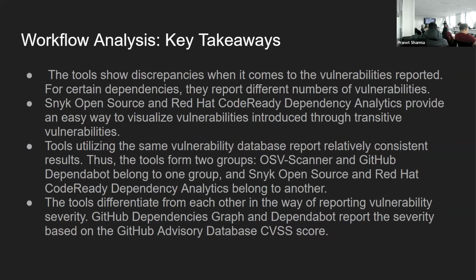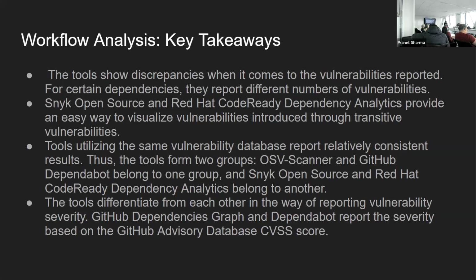So from this, we were able to formulate a number of key takeaways, which will be the focus of our research going forward. The first one was the discrepancy when it comes to the vulnerabilities reported. For certain dependencies, which means that these dependencies were detected as vulnerable by all the tools, they reported different numbers of vulnerabilities within them.